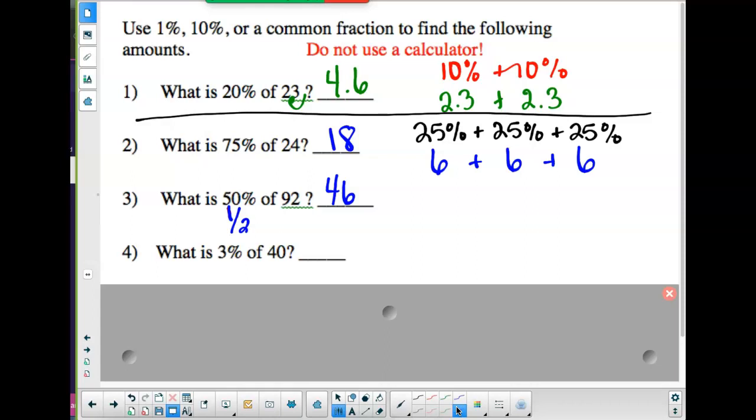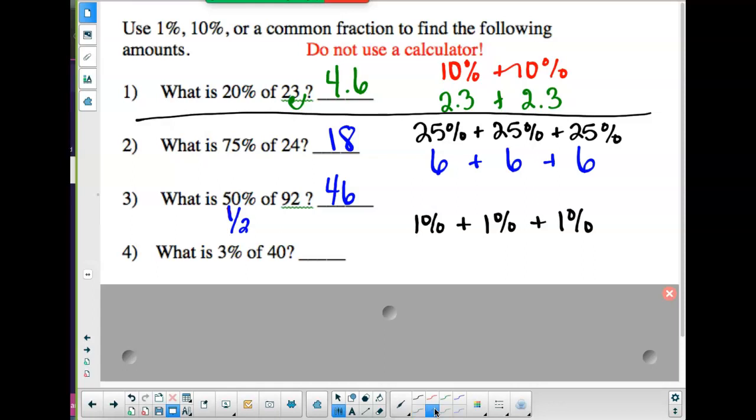Okay, 3% of 40. When you're given a really low percent like that, you're going to start with 1%. Because 1% plus 1% plus 1% would be 3%. So what's 1% of 40? Go ahead. 0.4.